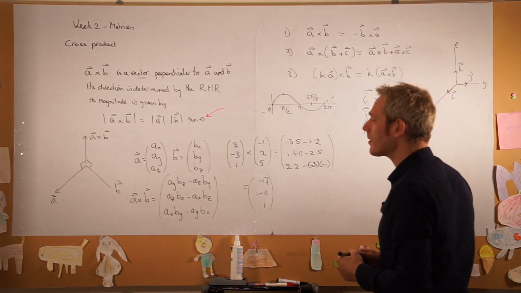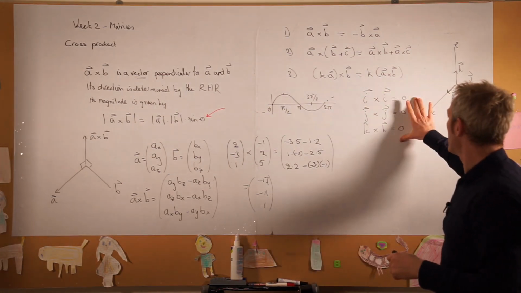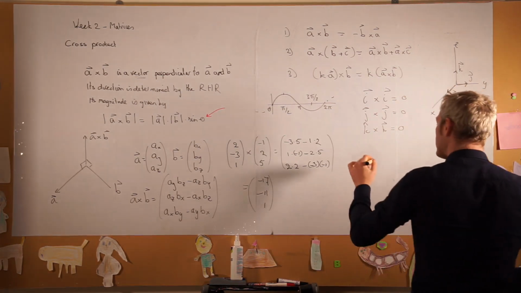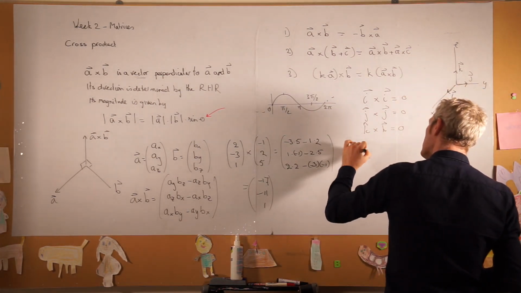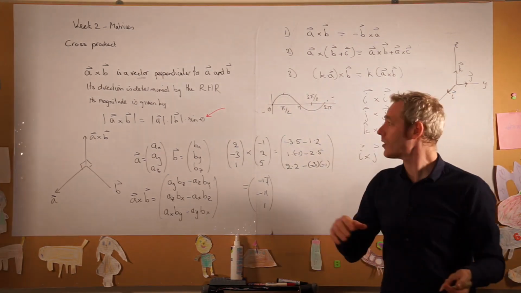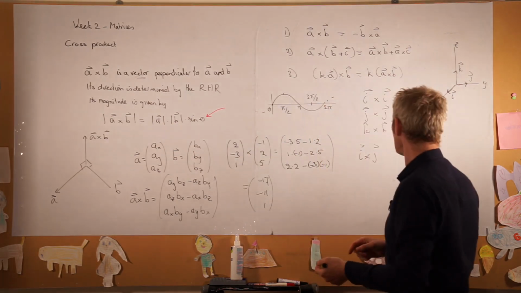Now, these are 0, but something special happens if we look at, for example, i cross j. These are unit vectors, so their lengths are equal to 1.